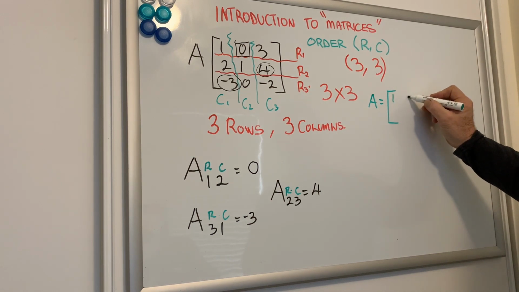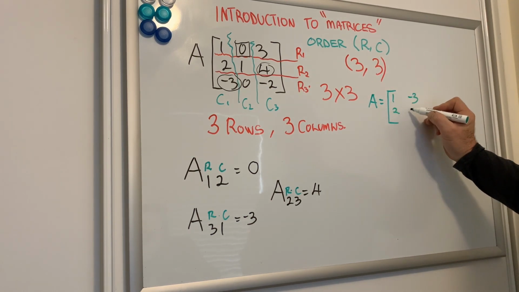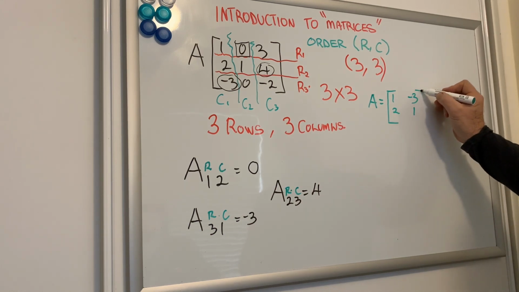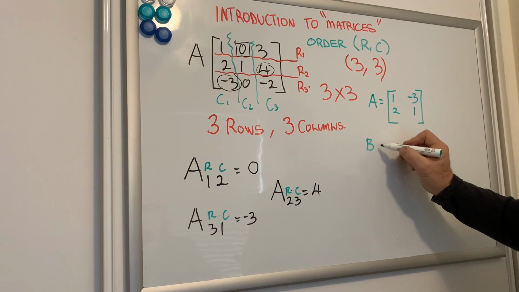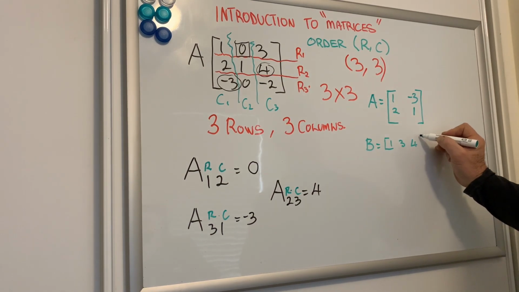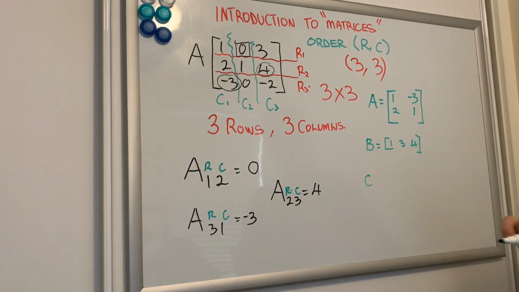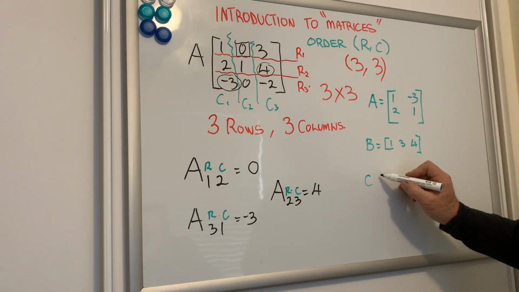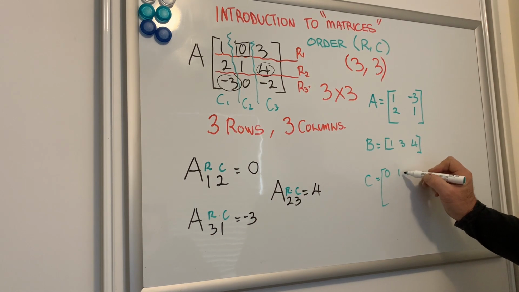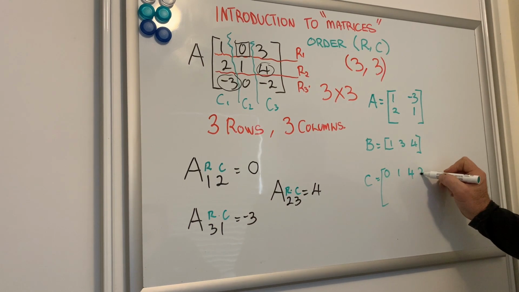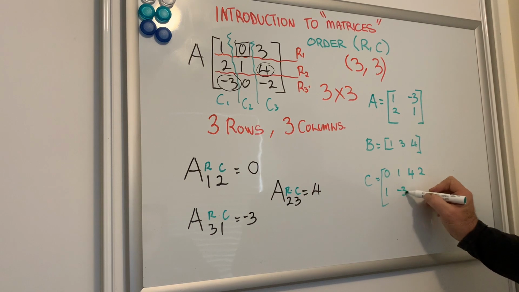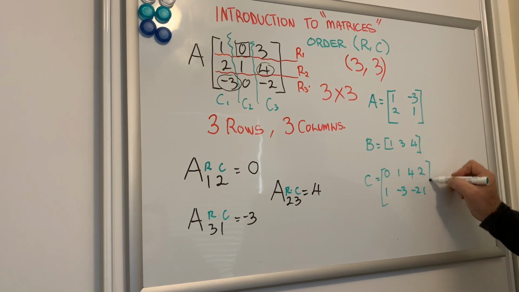Let's say A equals 1, minus 3, 2, 1, B equals 1, 3, 4, C is equal to 0, 1, 4, 2, 1, minus 3, minus 2, 1.